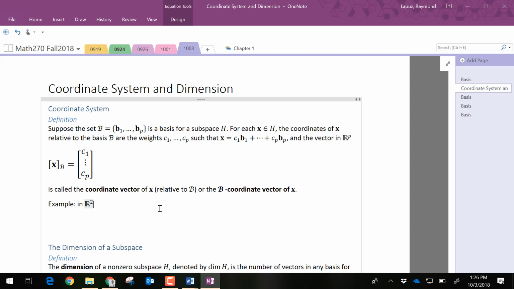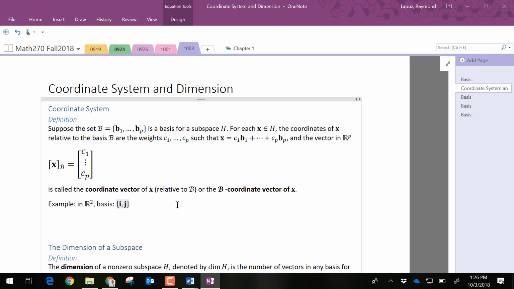We have our basis vectors to be 1, 0, and 0, 1, the I and J. Is it okay if I use I and J? You guys are all cool with that, right? So those are the ij vectors. Those are the basis vectors.